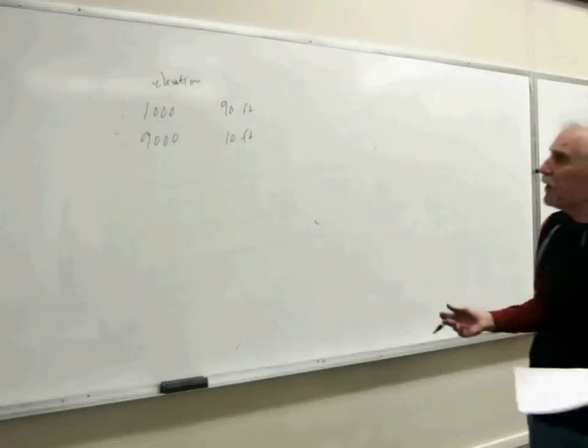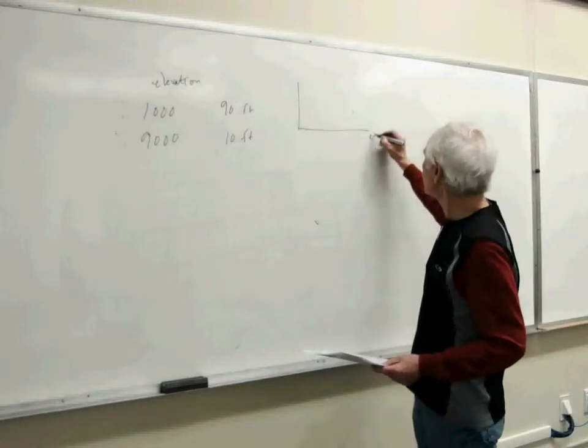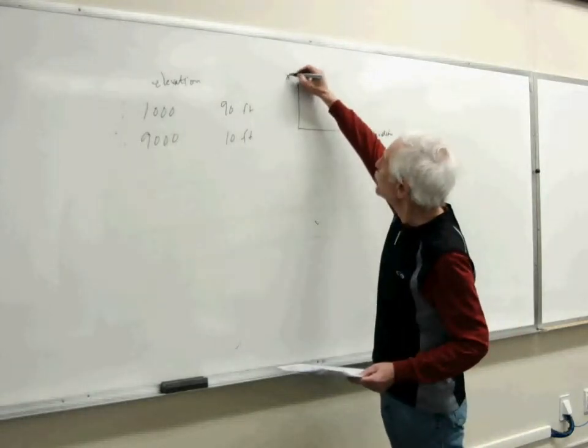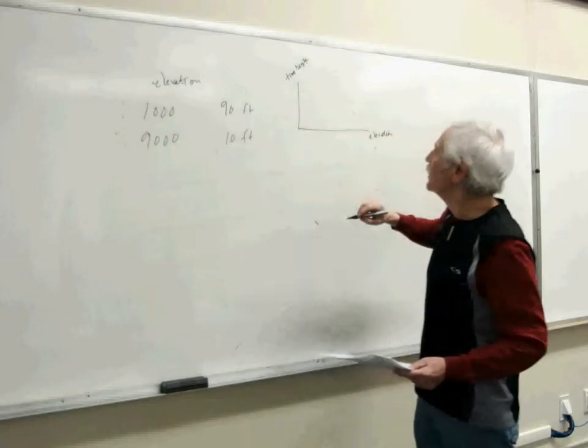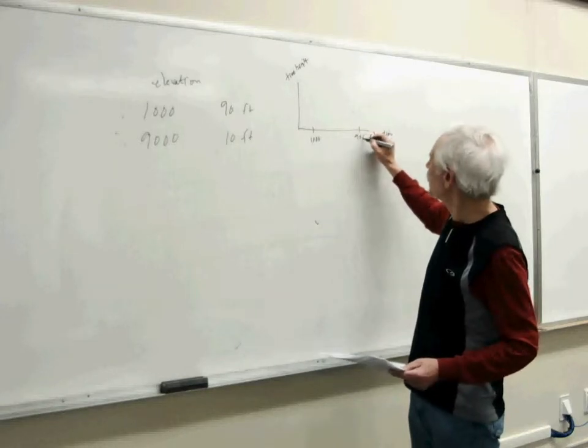If you want to think graphically, which I encourage you to do, you've got a situation where this is elevation, and this is the tree height. Somebody made a measurement at 1,000 feet and another at 9,000 feet.